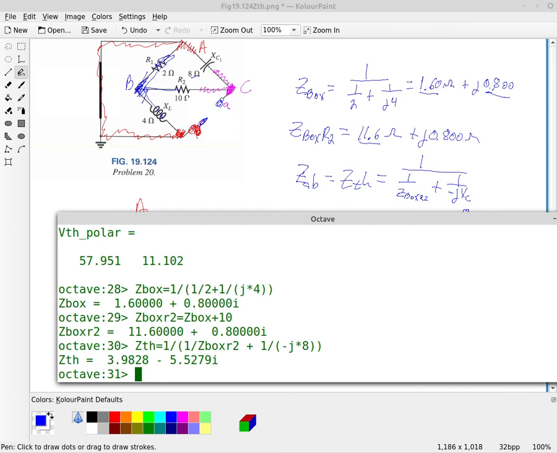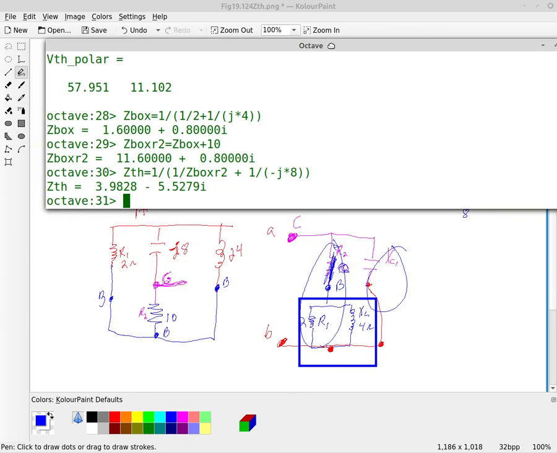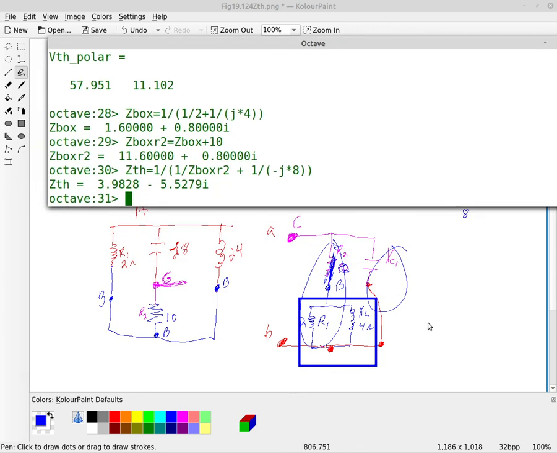So Z Thevenin, so now I have a Z Thevenin circuit here. My Z Thevenin is this 3.9828 minus 5.5279j. Okay, and so notice it's a negative sign, so that tells me it's a capacitor.